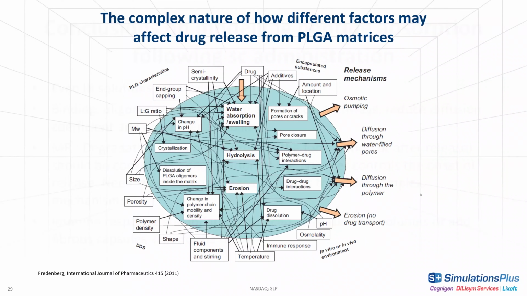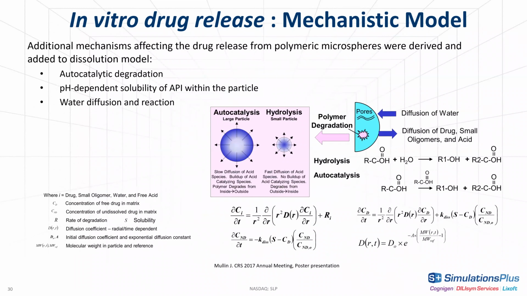And within Simulation Plus, we've developed an advanced mechanistic model for the release of polymer PLGA microspheres that contains the acid degradation, the pH-dependent solubility of the API, and the diffusion of the water and reaction with the drug to mediate hydrolysis. And so the interesting thing about this model is that you can start to see differences depending on the size of the microsphere.